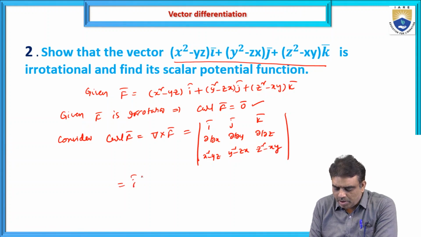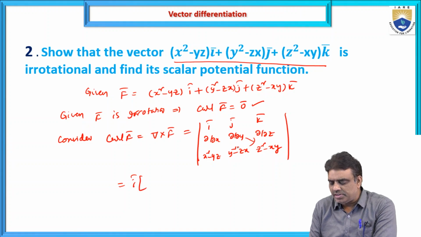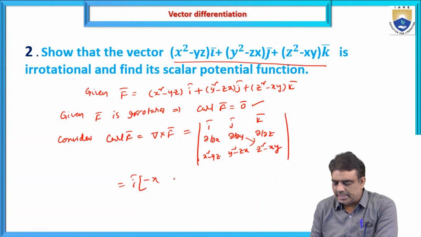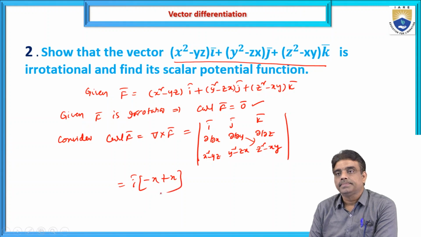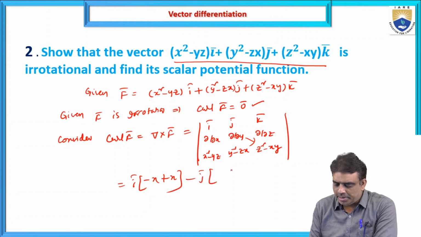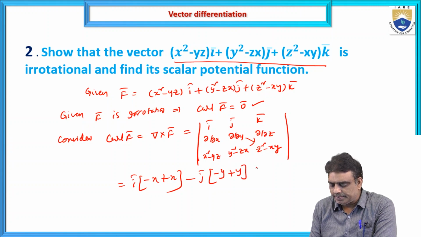So i bar into dou by dou y of this one, discarding this column and this row: dou by dou y of this one is minus x, minus dou by dou z of this one, that is minus of minus plus x. Minus j bar into dou by dou x of this one, that is minus y, minus dou by dou z of this one, plus y.